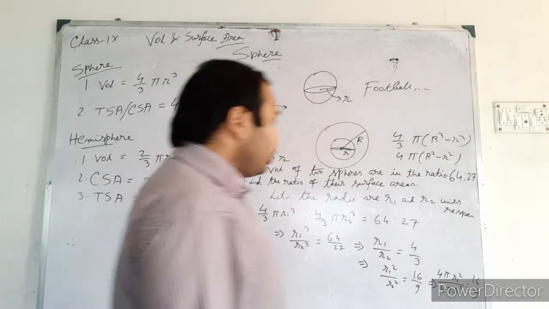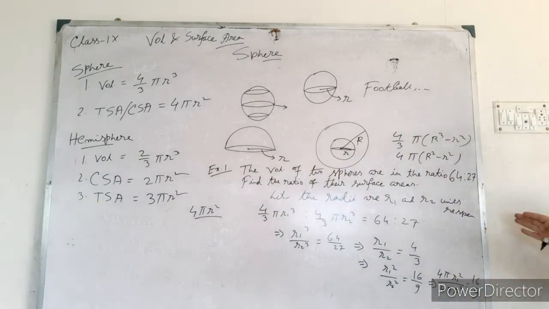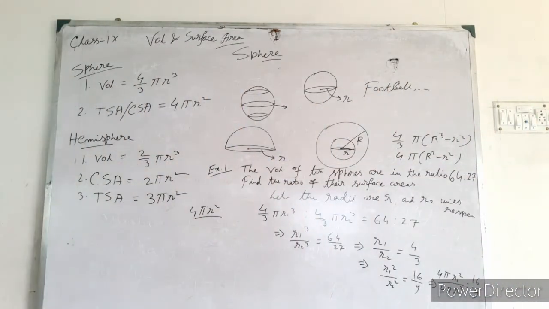So definitely the ratio of the curved surface area is coming 16:9.